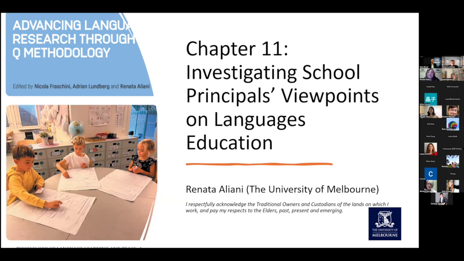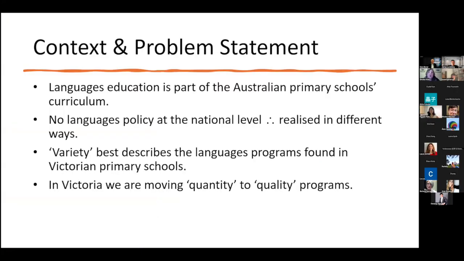My chapter looks at the way a group of school principals view languages education in Victorian primary schools. In terms of context and problem statement, languages education has been part of the Australian primary school curriculum for a very long time. And while each state and territory has its own language policy, there is no overarching national policy.